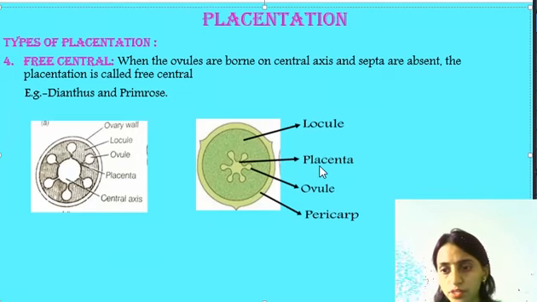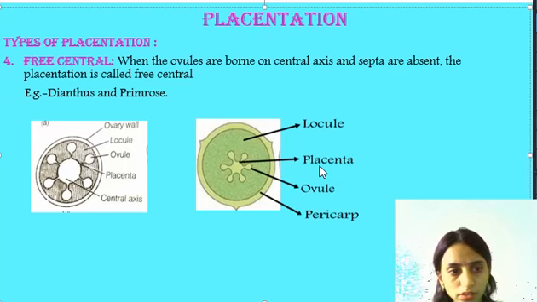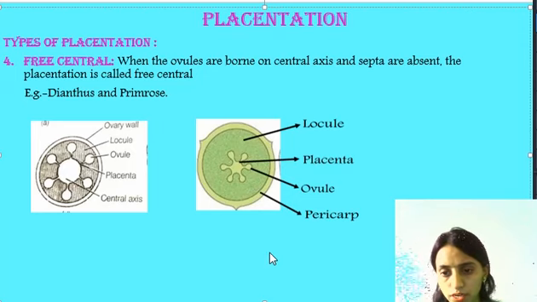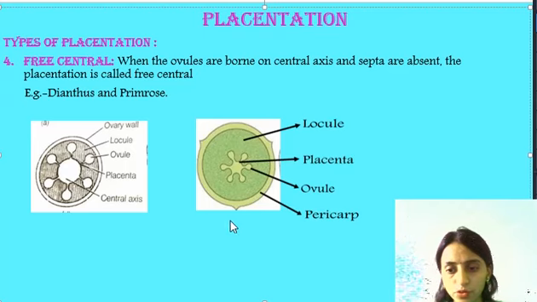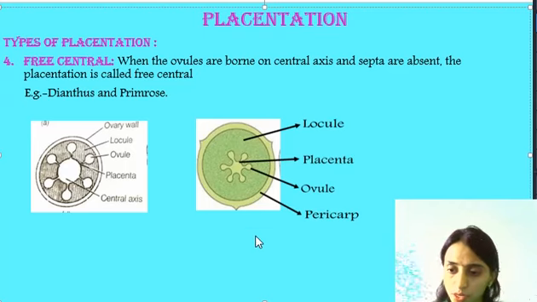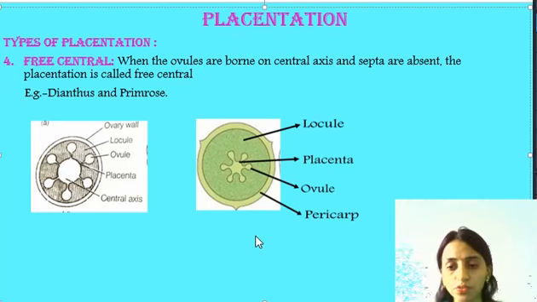Here you need to understand the difference between free central placentation and axile placentation. In the axile placentation there will be a formation of central axis and also formation of locules. Depending on the number of carpels we can identify the number of locules, or depending on the number of locules we can decide the number of carpels.